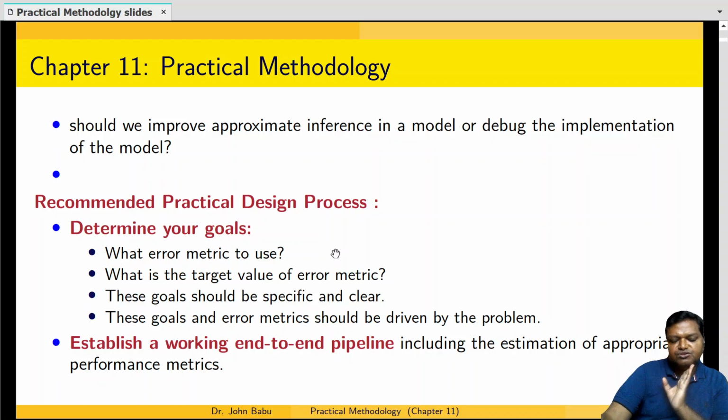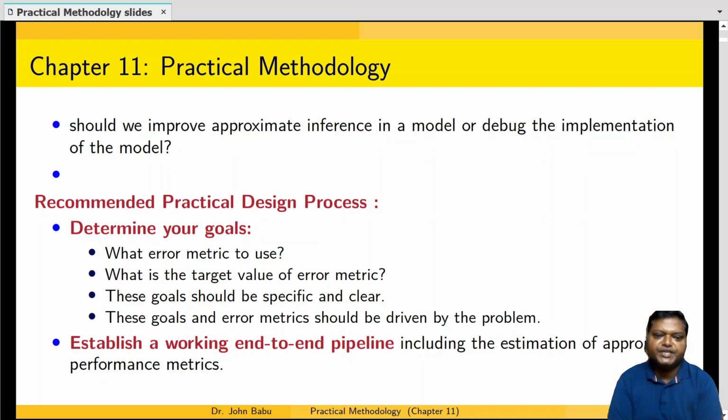The practical methodology chapter, written by Ian Goodfellow and his colleagues, gave a recommended four step practical design process. The first step is to determine your goals very clearly.